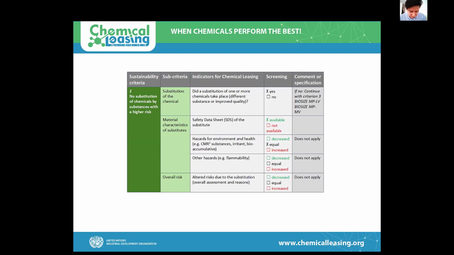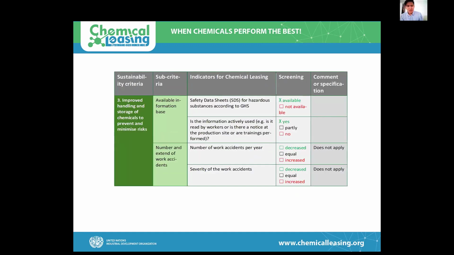And then in these MSDS, you will find the characteristics and hazards that substances have, and then you can take decisions, and then you can also check the sustainability criteria. Now, on the next slide, you will see the improvement of handling and storage. This is also very important because many accidents in the chemical industry can happen in the storage or while they're being managed.